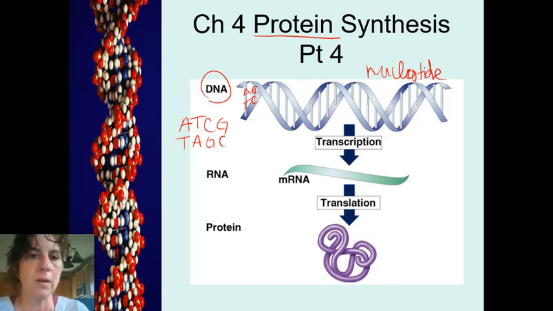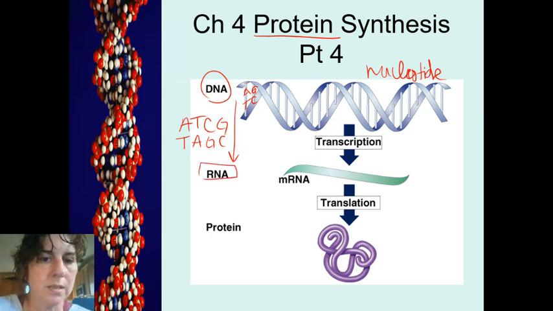So what DNA really has to do is take that recipe, take that code, and eventually produce a protein. And in order to do that, it has to copy the recipe down first. So it copies its code down into something we call RNA. And we have steps here.